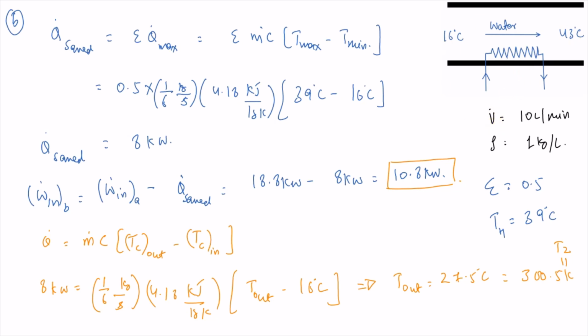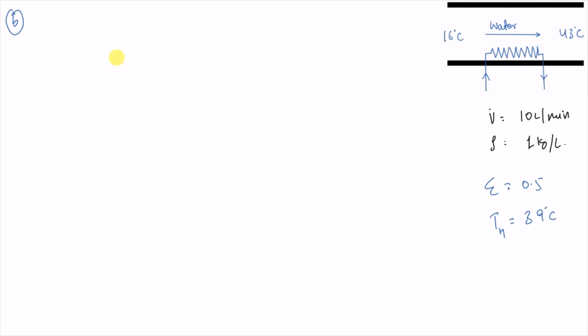So now next we can easily calculate the entropy generation. The entropy generation we have is m dot C natural log T2 divided by T1.